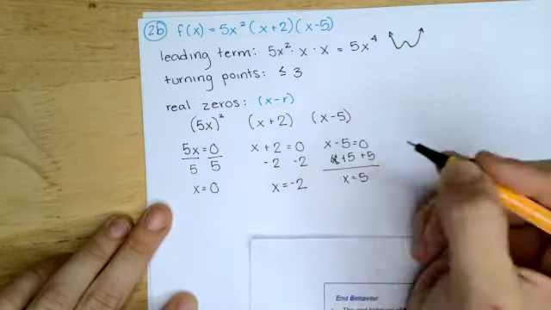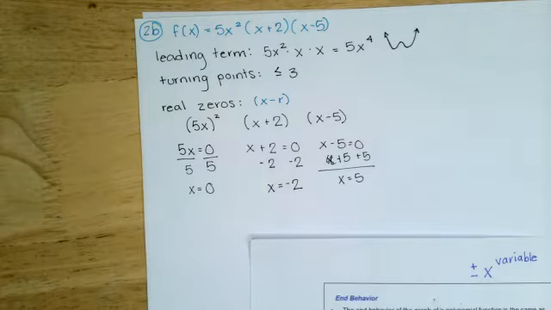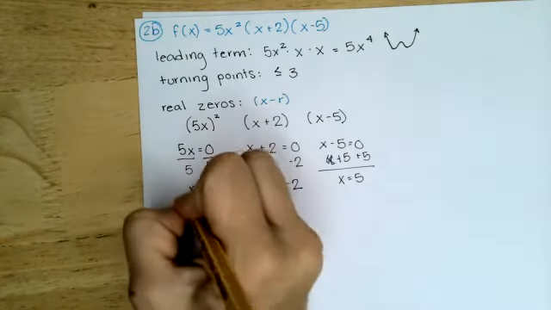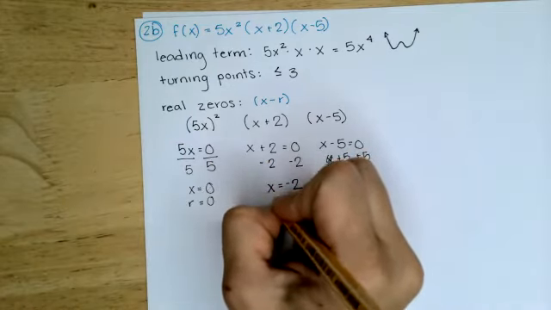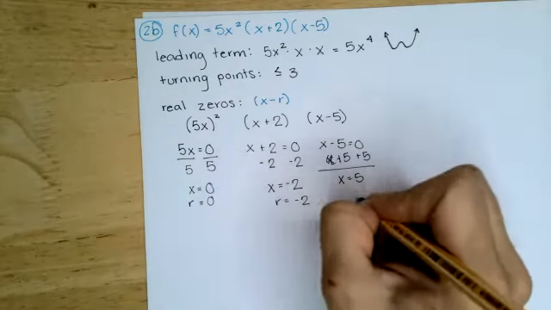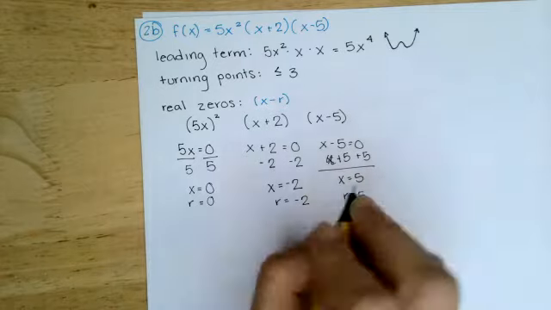X is 5. So those are your real zeros. I know I write them as x's because I'm solving for x, but your real zero is a negative 2, and your real zero is a positive 5.